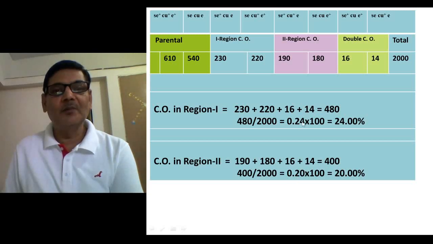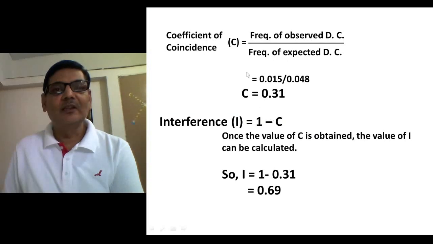So we will multiply these two values, and when we multiply this, the value comes 0.048. So that becomes the expected double crossovers. So you will be dividing 0.015 by 0.048, and that C value comes 0.31. It means the coefficient of coincidence is 0.31.